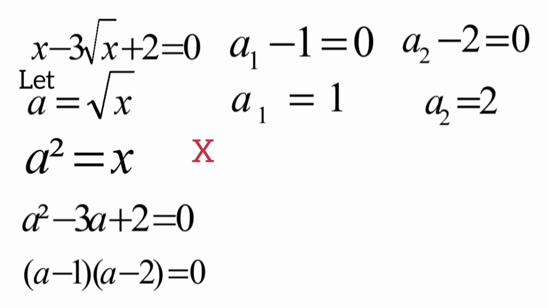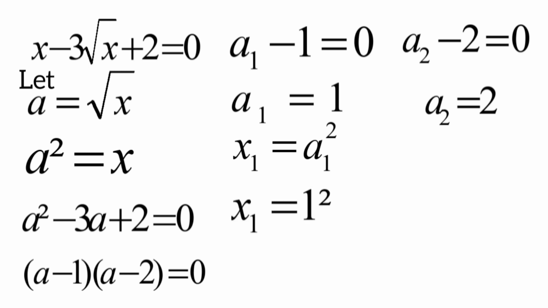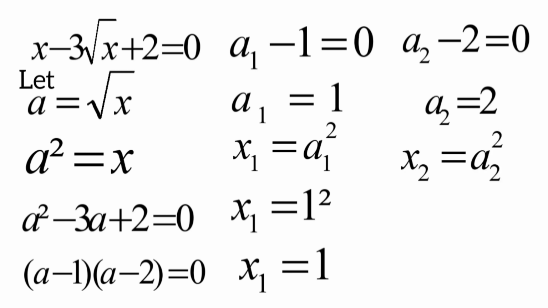So we have x sub 1 equals a sub 1 squared, which is 1 squared, and 1 squared is 1, so x sub 1 equals 1. And the other value of x is x sub 2 equals a sub 2 squared. So x sub 2 equals 2 squared, x sub 2 equals 4.